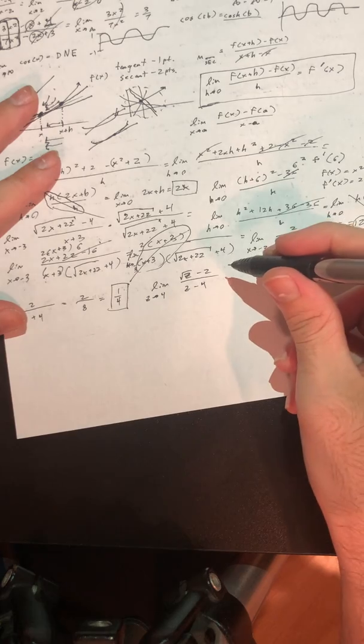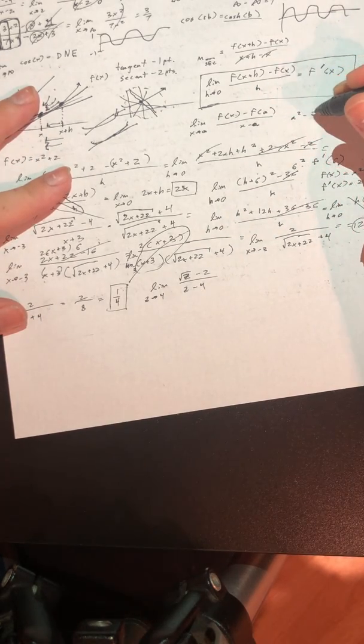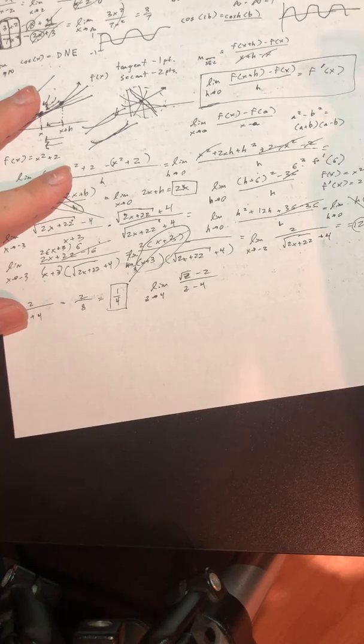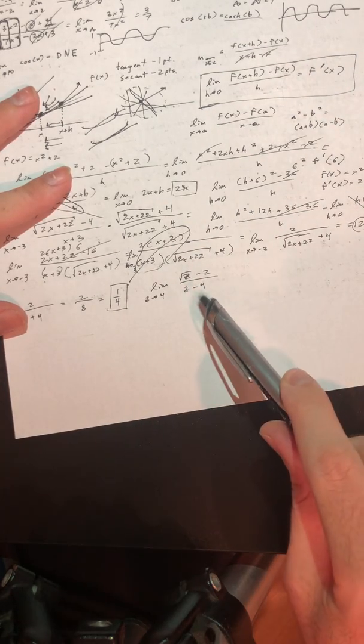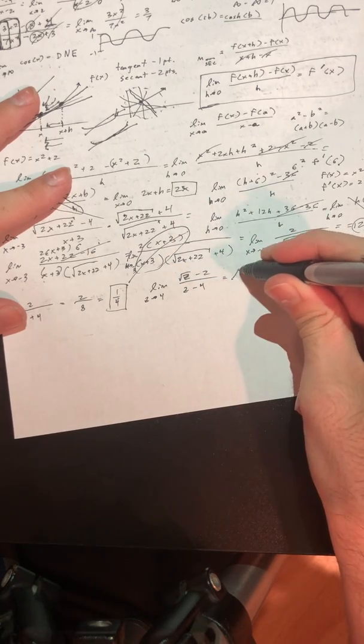Now, what many people might not realize is, I'm sure many of y'all know that, for example, a squared minus b squared is equal to a plus b times a minus b. But this right here can actually be factored as the difference of squares. If you think of this, let me just write it out.